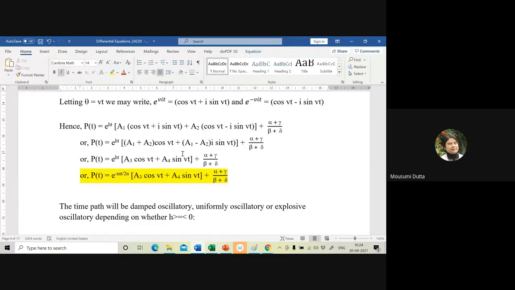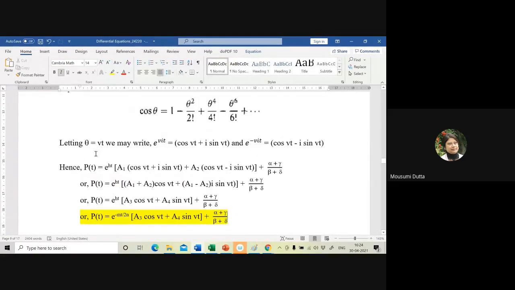So the question is how a trigonometric angle, cos theta, sin theta, can be presented as cos Vt, sin Vt, etc. Your question should be like this: whether really an angle can be replaced by some parameter multiplied with time. It's not the angle; rather Vt is a factor multiplied with time.